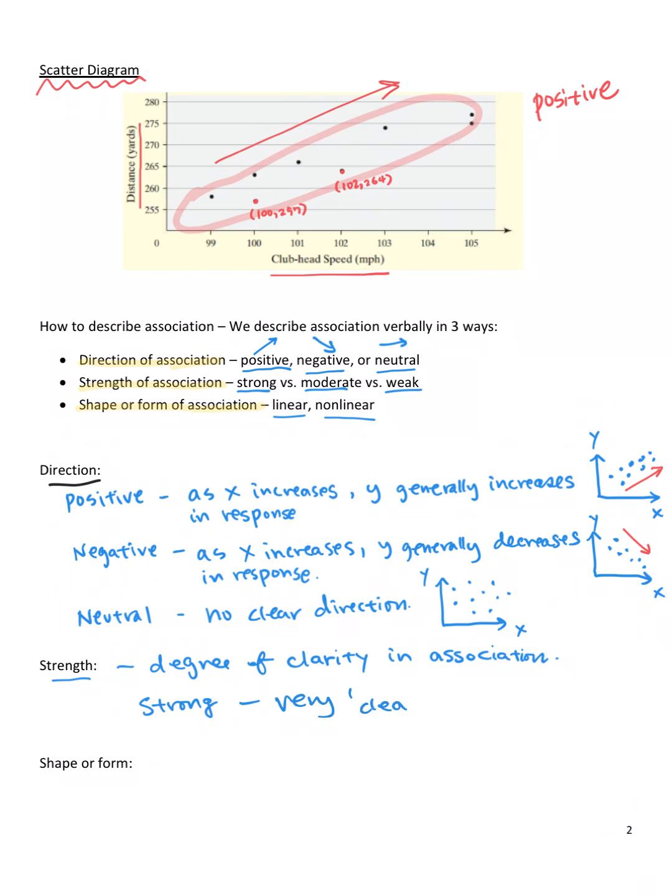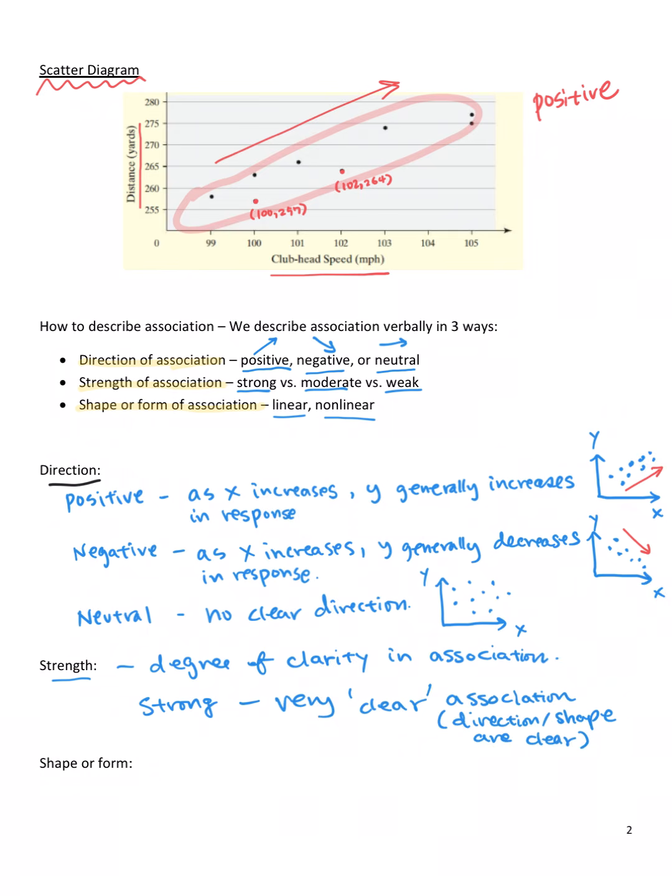We're being a little bit loose here, but it's basically a very clear association where the direction and the shape are clear.